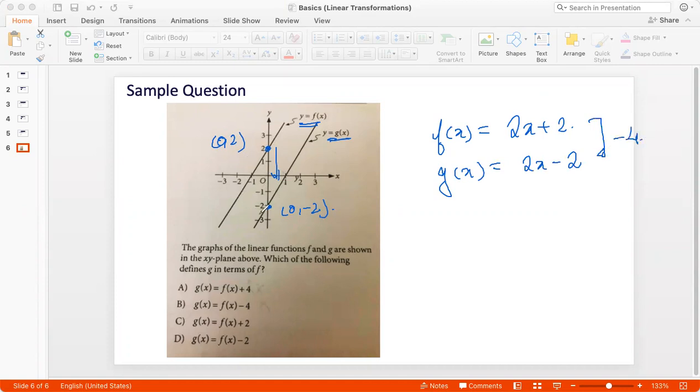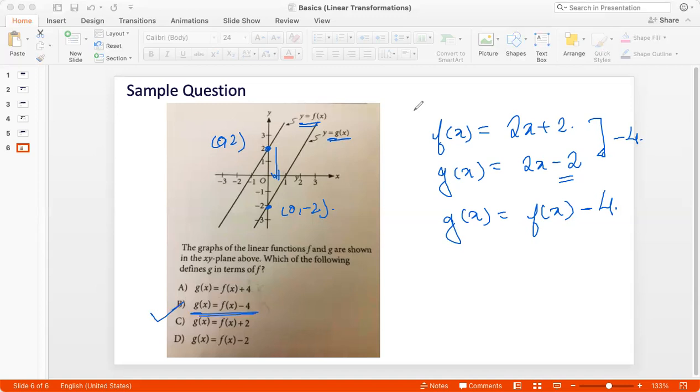And you can see it's also true because indeed the y-intercept for g(x) is -2. So I can see that g(x) is gotten when I move f(x) 4 units down, which is option B. Option B is the right answer.